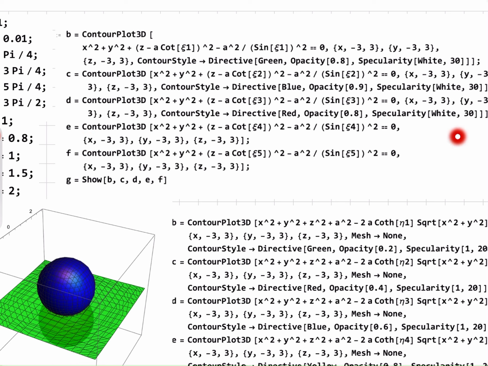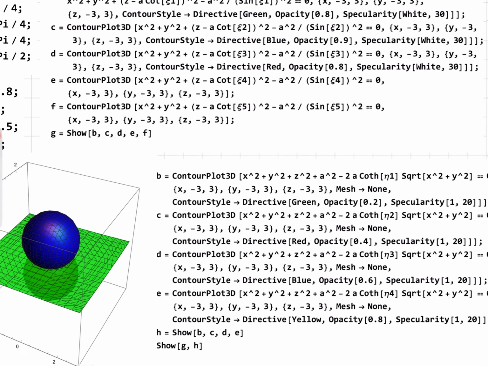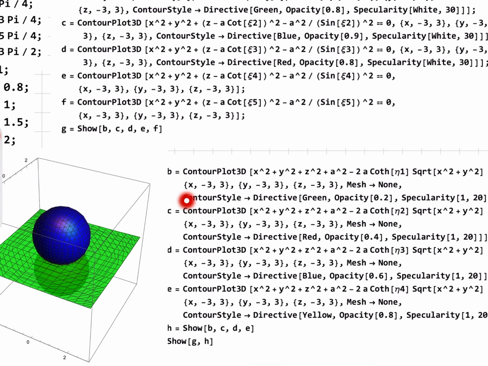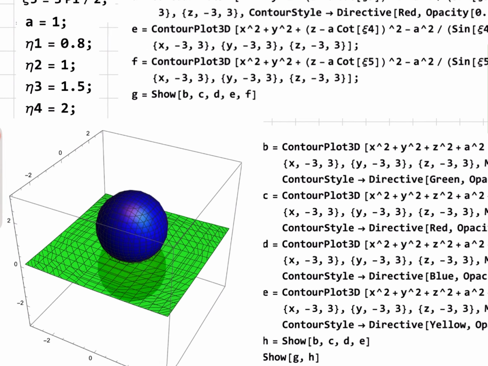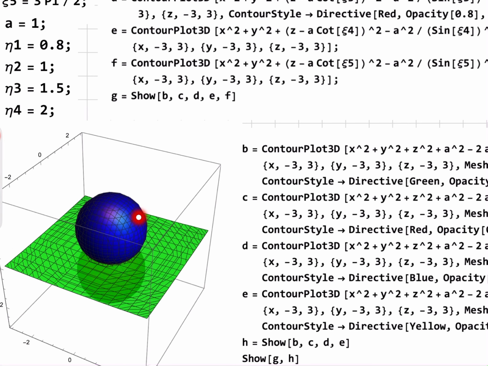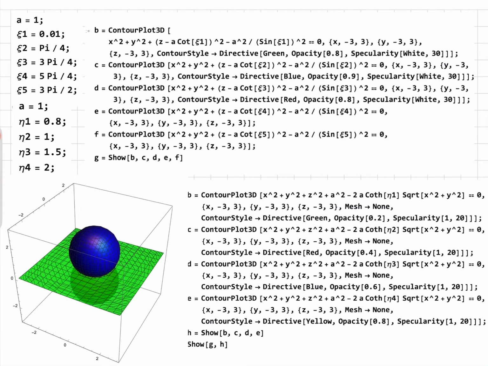This is the code for constant psi surfaces, and this is the code for constant eta surfaces based on our results from part A. Constant psi surfaces give us these spherical balls. This basically corresponds to psi almost 0. This is the xy plane. And you can see that the center of the ball changes depending on the value of psi.